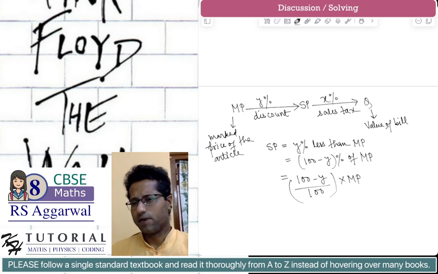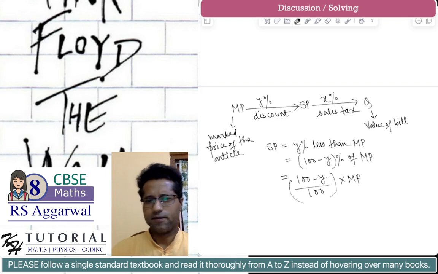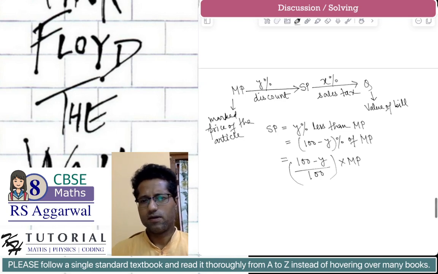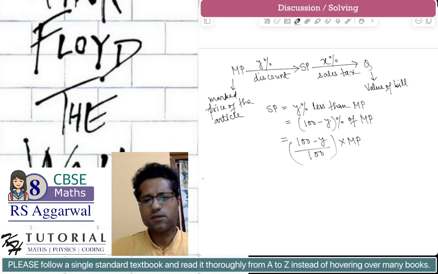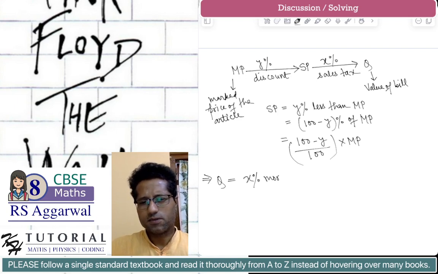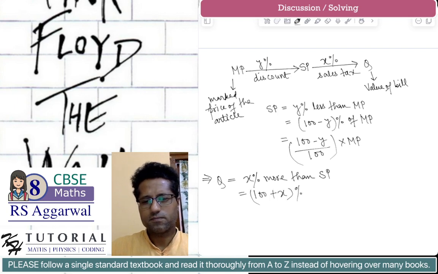Now from the selling price, if there is a sales tax added, at the rate of X%, then we will have Q equal to X% more than SP, which is equal to 100 plus X% of SP.